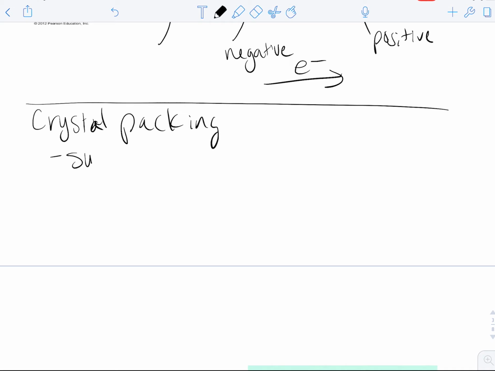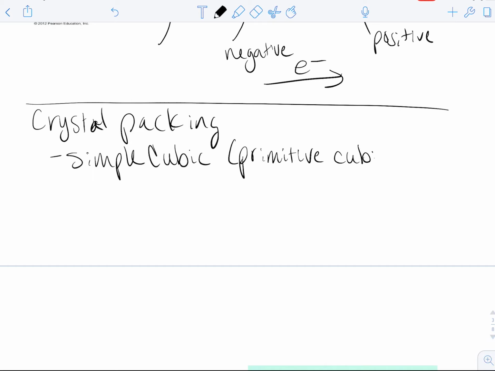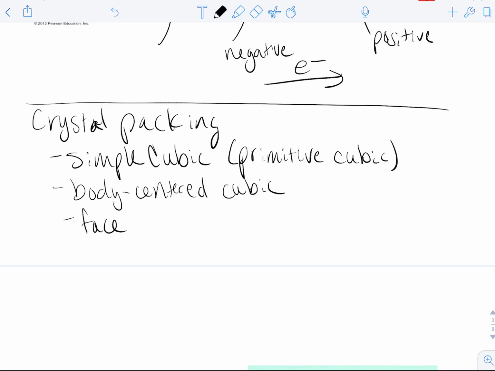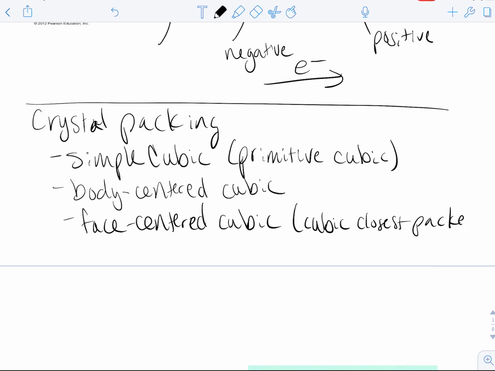are simple cubic, or primitive cubic, body-centered cubic, face-centered cubic, or cubic closest packed, and the last one that we look at for our metal solids is hexagonal close packed.